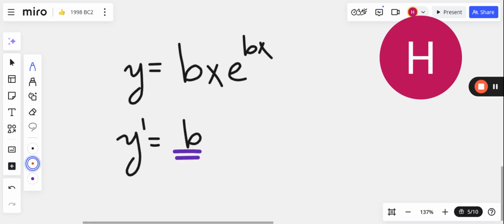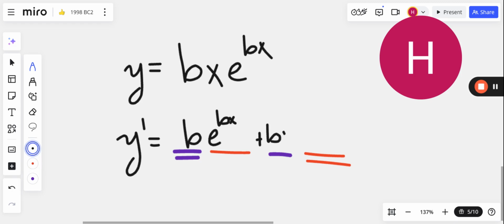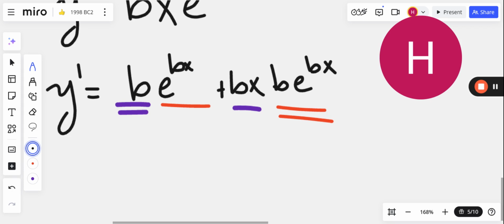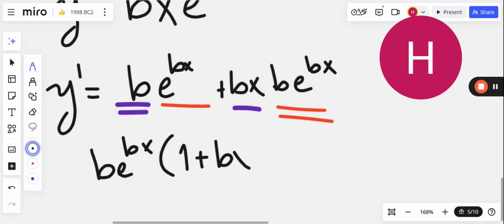Derivative of the first part, leave the second part the same, plus leave the first part, take a derivative of the second part. So bx times b e to the bx. Now if we factor out b e to the bx, then we're left with 1 plus bx.